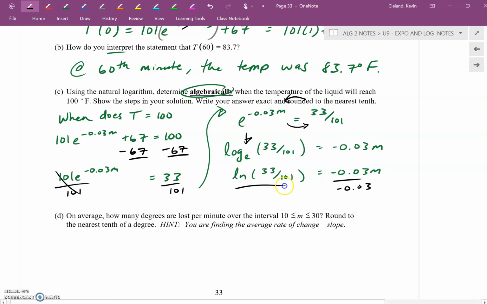I'm interested in m, so I want to create a formula for m, and all that would be is dividing. So m equals whatever I get when I take the natural log of 33/101 and divide it by negative 0.03.